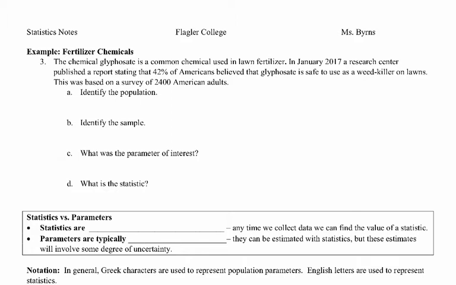Identify the population. So who is it that we're interested in gauging the opinions of? In this case, they stated that 42% of Americans believed that it was safe. So our population is Americans, and if we want to be a little more specific, American adults, because the sample only surveyed adults.